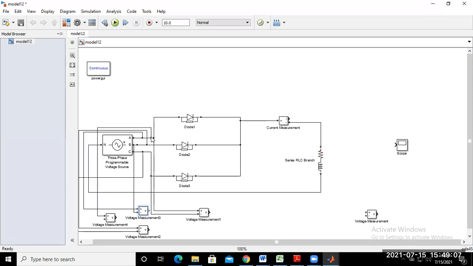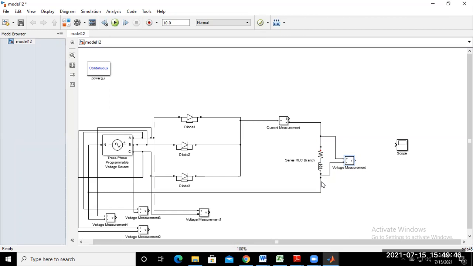This point is phase A, and connect to the neutral point. So here is neutral, this one. Now, just connect all the voltmeters to the scope. This voltmeter is connected across the output terminal. So just place here and connect from this point to this point.